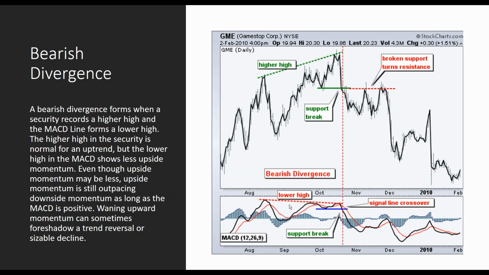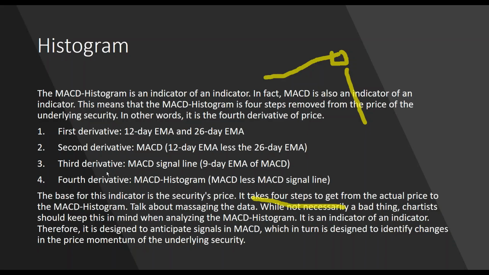In other words, when we see the MACD line making lower highs, but the price is making higher highs, we have a divergence. It is a bearish divergence telling you that the trend is about to end, and we can then use other indicators to make a final approval, but it's telling you something.